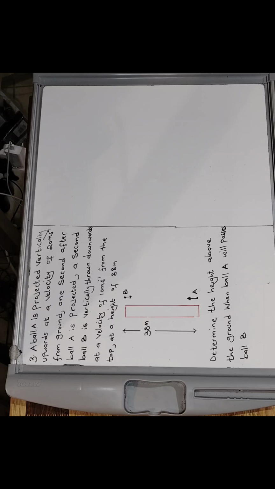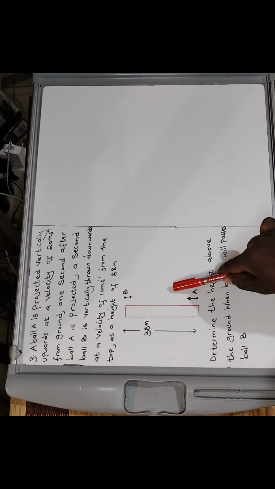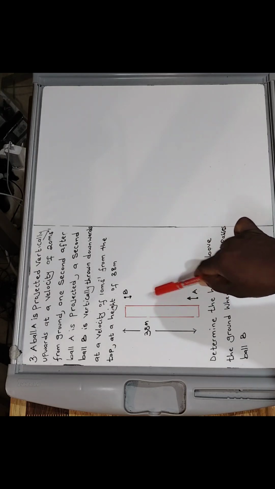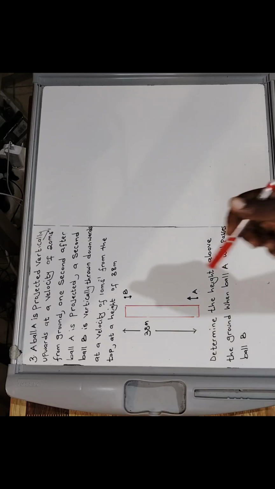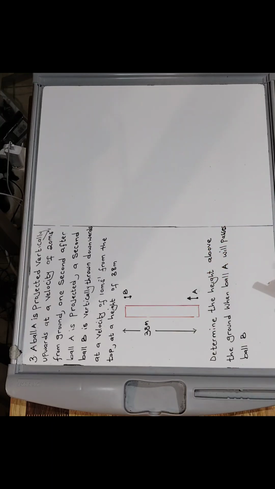Here we have to realize something, that ball A is moving for 1 second before ball B starts moving. We want to compare the two balls to bring them into motion, both of them, but one moved before the other. What do we do?